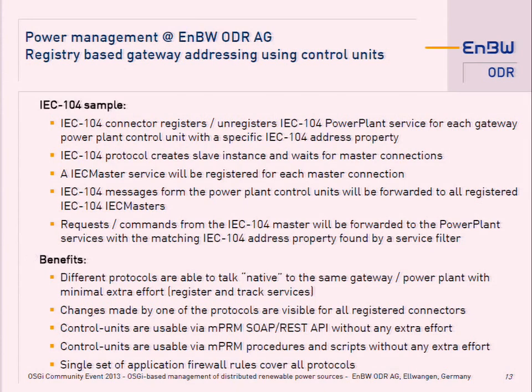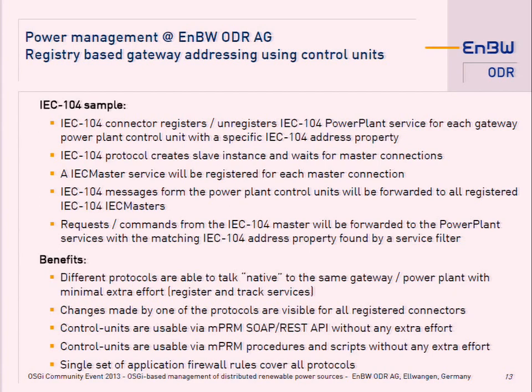So let's go a little more into detail about the registry-based addressing using control units. We found it very, very sexy to use this approach, because addressing is just asking the registry for a specific service with specific properties.